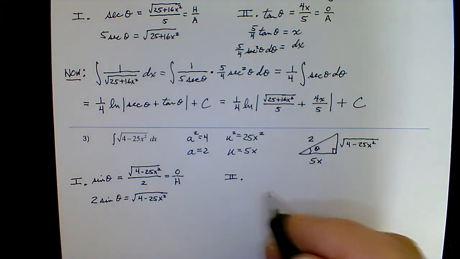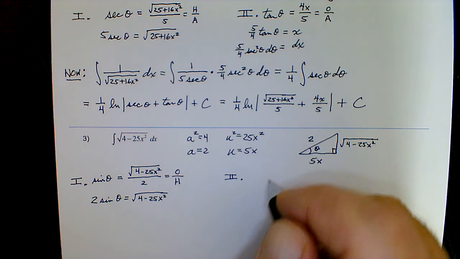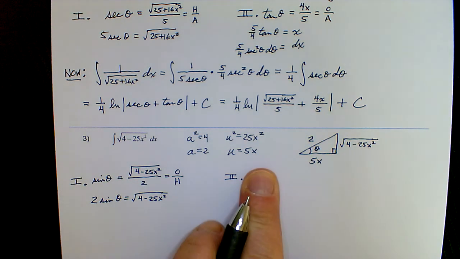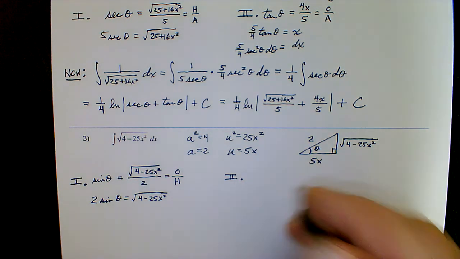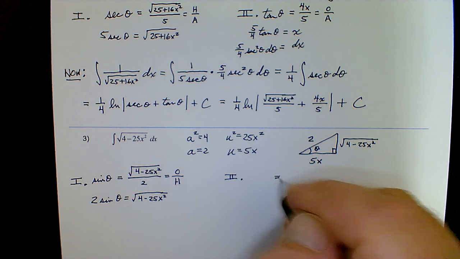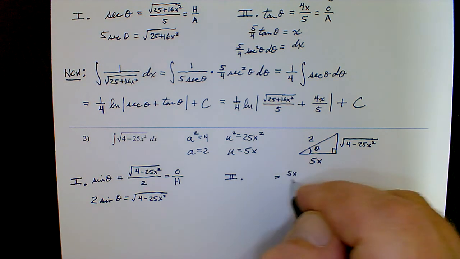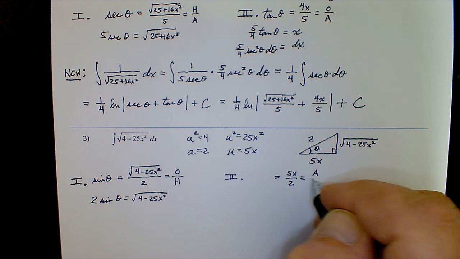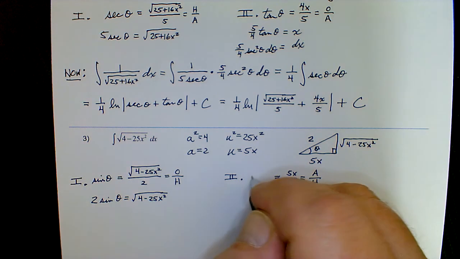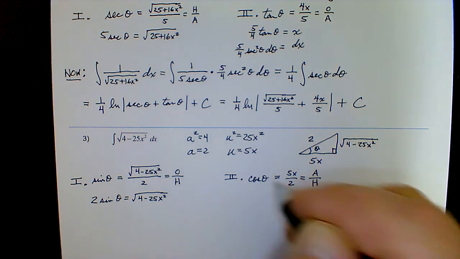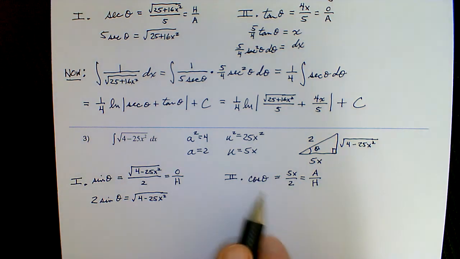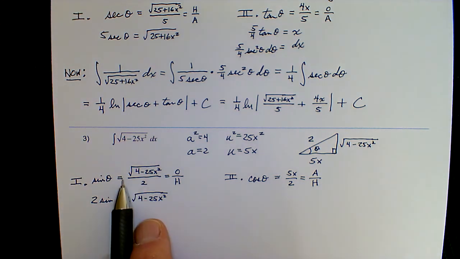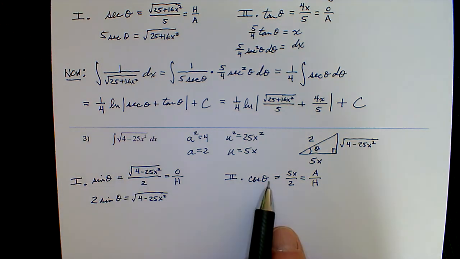Okay, second major step. So we're done with that for now. And again, here we're not even going to think about the trig function we're about to define. This step always, we just force the ratio of u over a. In this case, 5x over 2. 5x is adjacent, 2 is the hypotenuse, and that's our cosine function. And we should actually expect that. If you develop sines or cosines in the first step, you better develop cosines or sines in the second step.